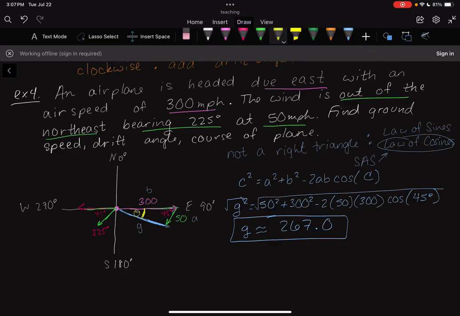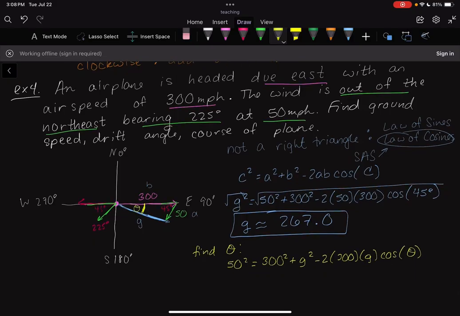If I'm trying to find theta, if I put it into the original equation, it would be 50 squared is equal to 300 squared plus g squared minus 2 times 300 times g times cosine of my theta.